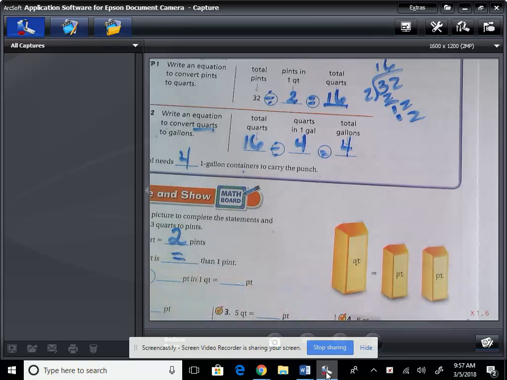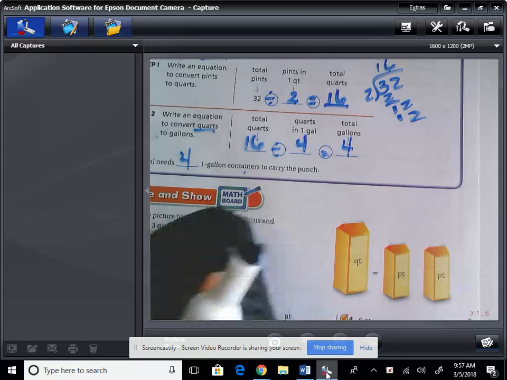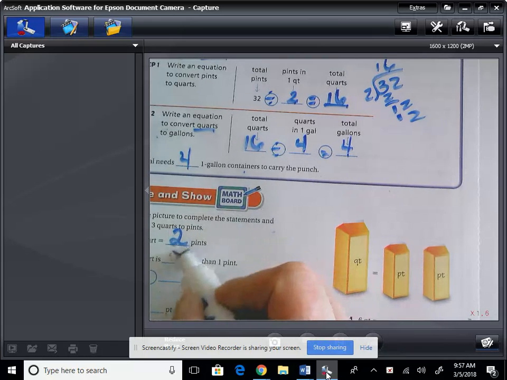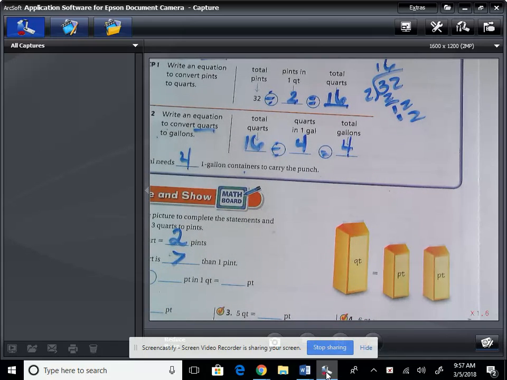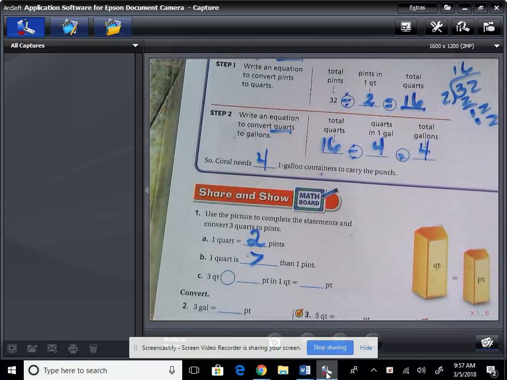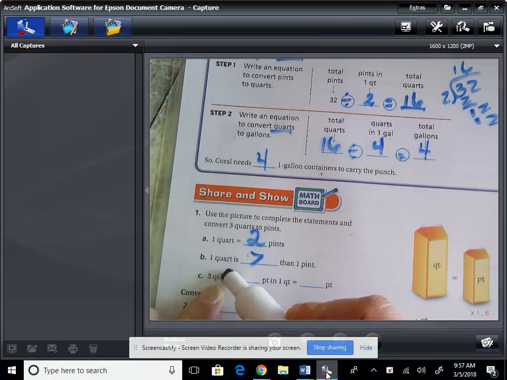Equal, then 1 pint. Oh, 1 quart is greater than 1 pint. So 3 quarts is what to 1 pint? 3 quarts is greater than 1 pint.